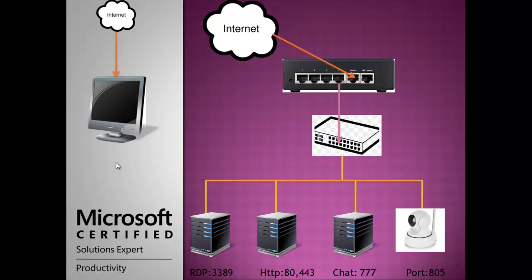That means whenever you access your RDP connection from outside with your public IP address, you are going to hit your router through the internet, and your router will see port 3389. That means it has to go to this server. So that particular port will be forwarded to this RDP server.